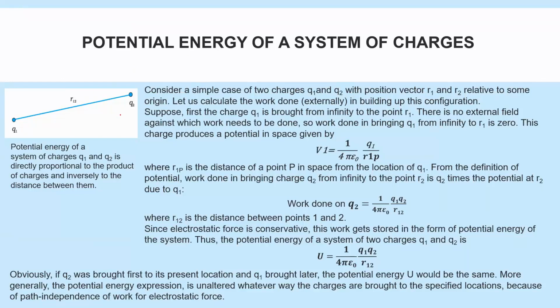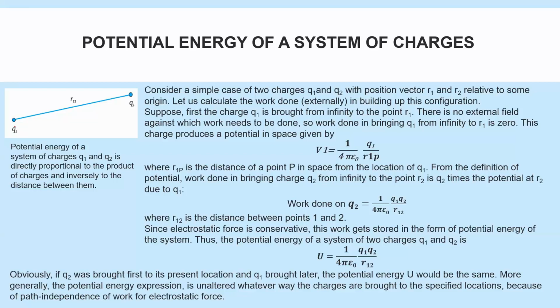Okay, so we are first going to understand the work done by the external forces in getting this configuration. Suppose Q1 and Q2 were at infinity. We are first going to bring Q1 to this point.